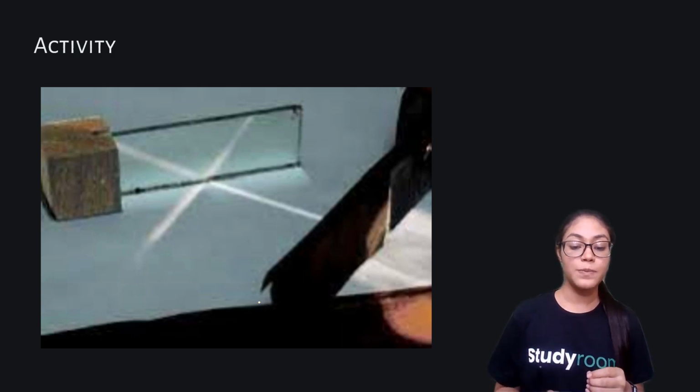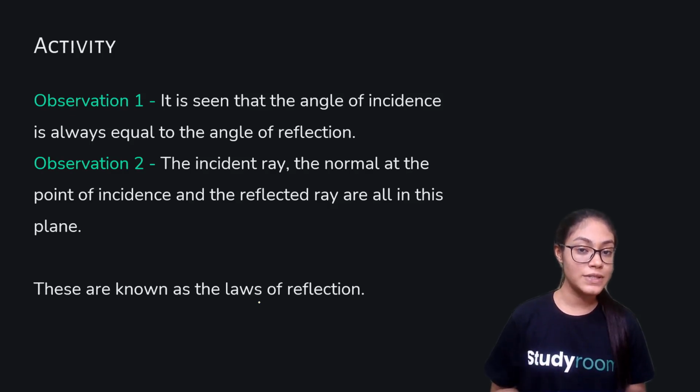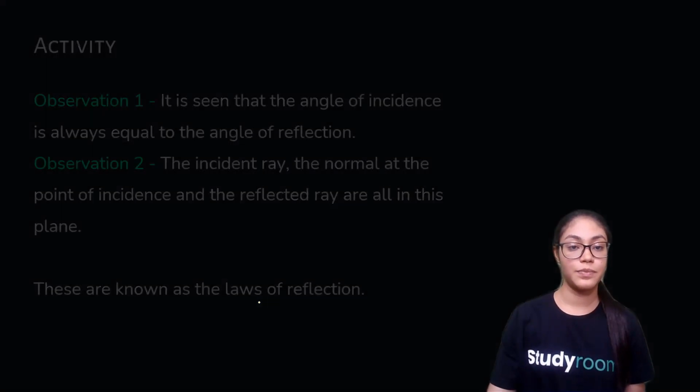Now place a strip of plain mirror in the path of the light. What you will observe is that, first observation, it is seen that the angle of incidence is equal to the angle of reflection. Now, what does this mean?